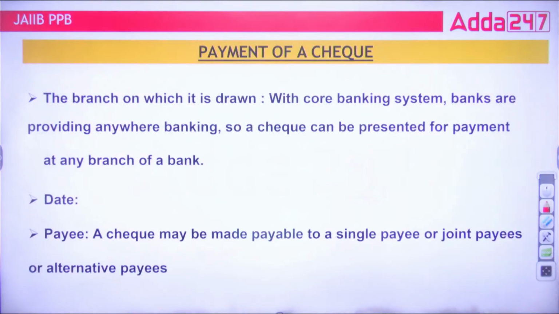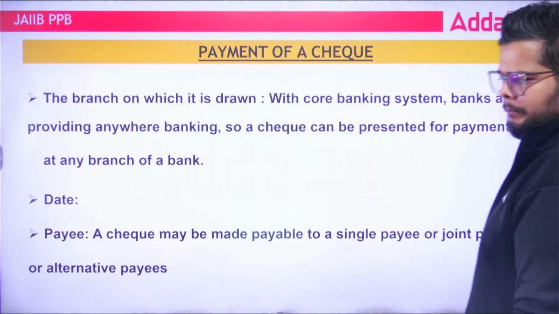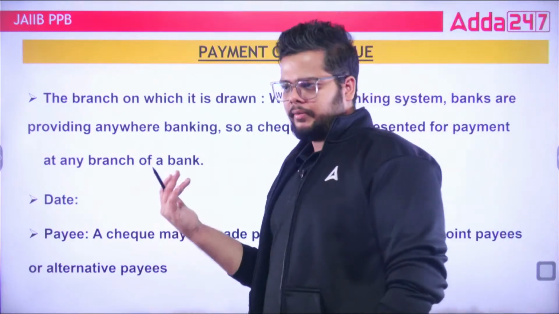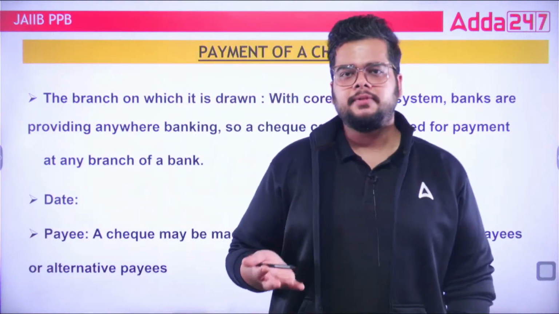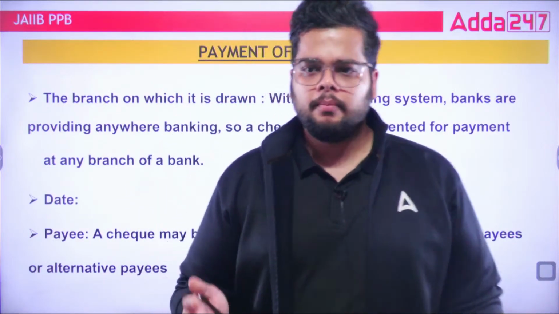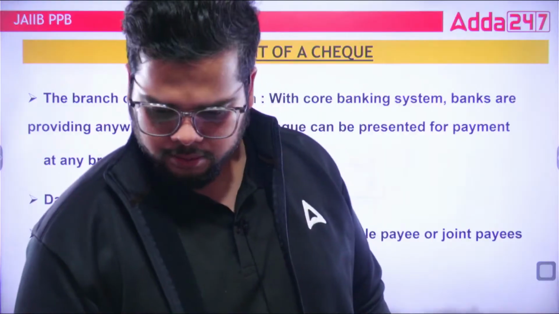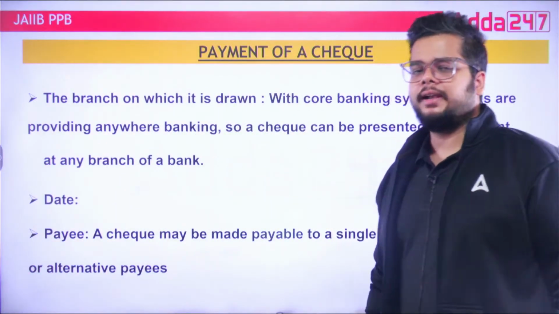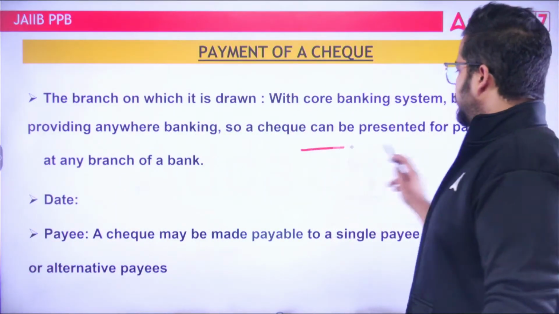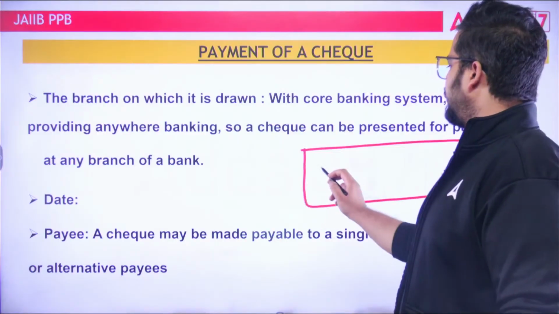Next we have payment of check. Very simple aspects are there whenever we are talking about payment of check, or for that matter the mechanism involved in bill of exchange. Mostly we will find that the negotiable instruments have a common format.